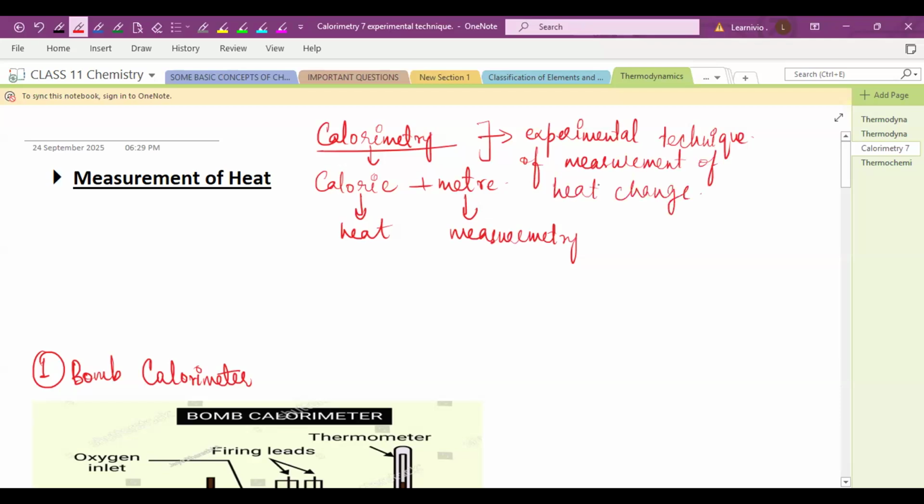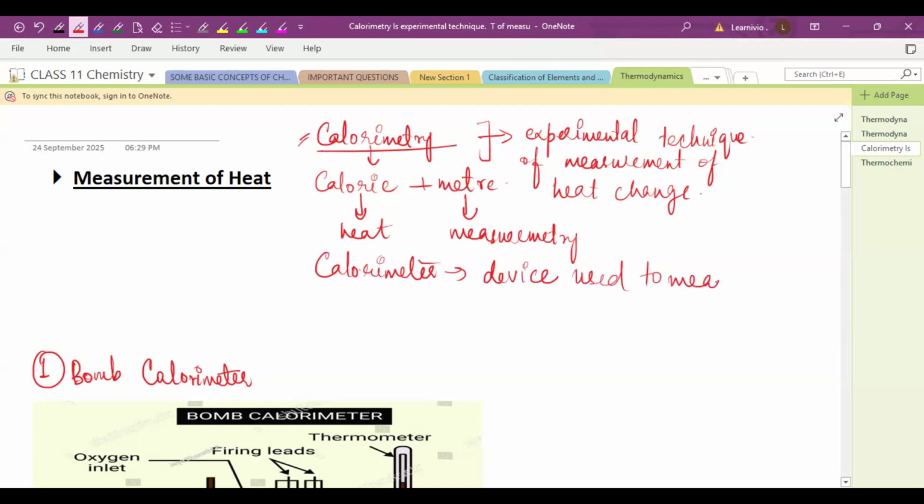So calorimetry is an experimental technique in which we measure the change in heat. Okay, and what is a calorimeter? This is a process or technique. And a calorimeter is a device. Calorimeter is a device or instrument used to measure heat. So this is known as a calorimeter.